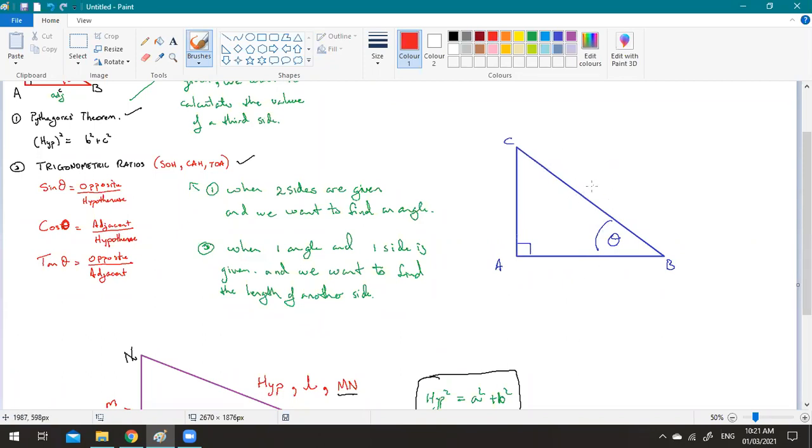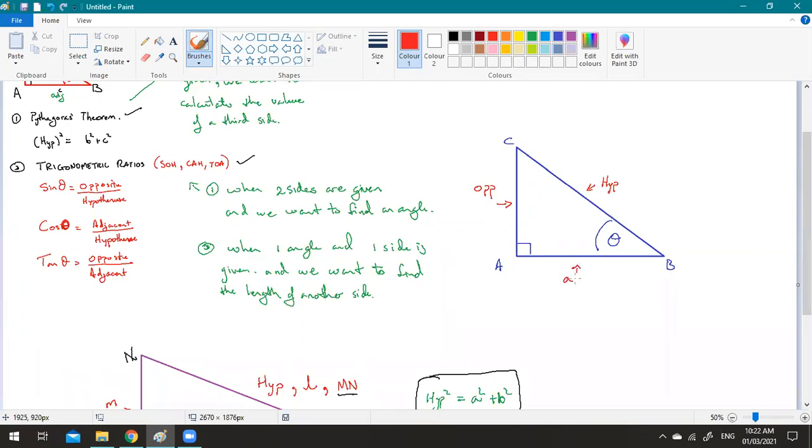What do we call this side here? The longer side. Hypotenuse. And what do you call this side here? The opposite. And what do we call this side here?